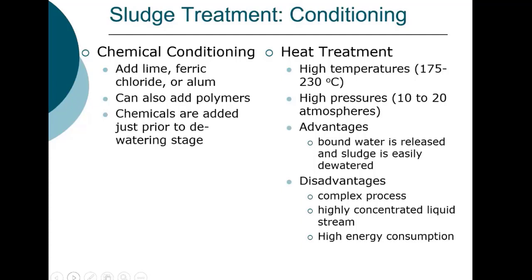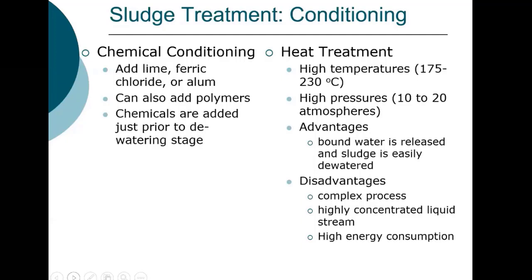And these are added just prior to the dewatering stage. Or we can heat treat. Now, the heat treatment is done at high temperatures and high pressures. And because of that high temperature and high pressure, the water that's bound to these particles, to this floc, is easily released, and the sludge is then dewatered.